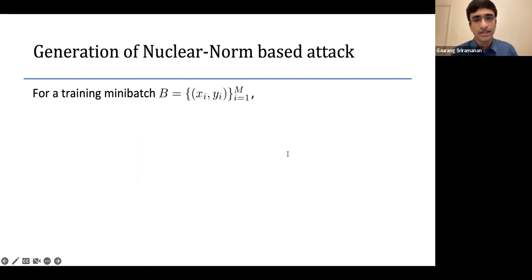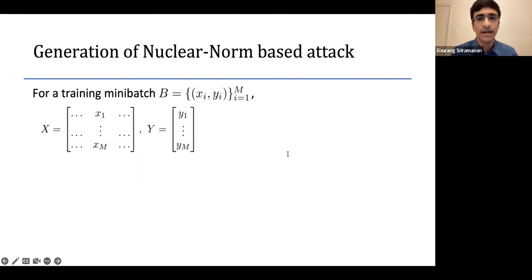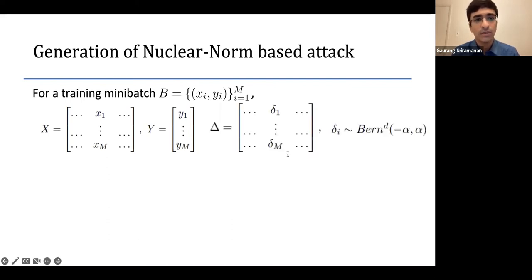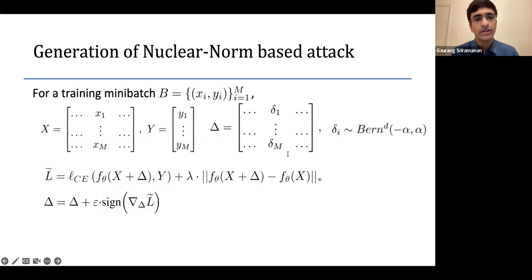So for a given mini batch of samples, let X denote the matrix of images and let Y denote the corresponding labels. We then randomly initialize the perturbation matrix delta with IID Bernoulli noise of magnitude alpha, similar to before. The following loss is then maximized for the generation of adversaries, where the first term is the cross-entropy loss and the second is the proposed nuclear norm regularizer.